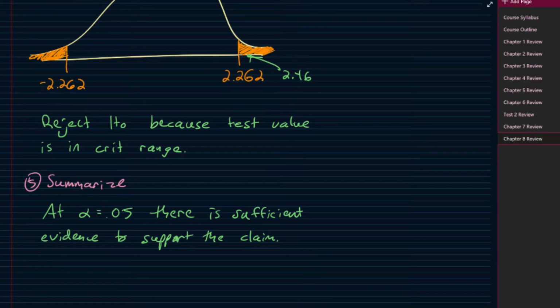And so the claim that they made, since we're essentially rejecting our null hypothesis, we're rejecting the claim that the average amount of infections is 16.3. Hope that makes sense.